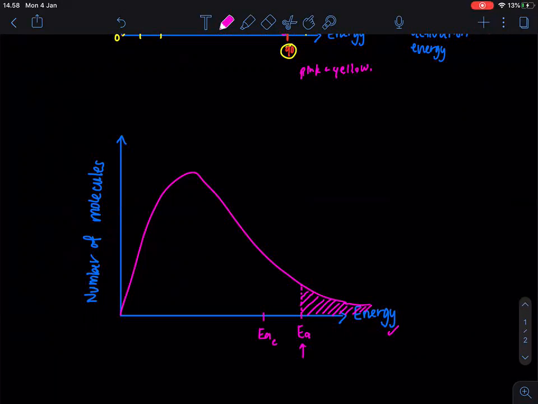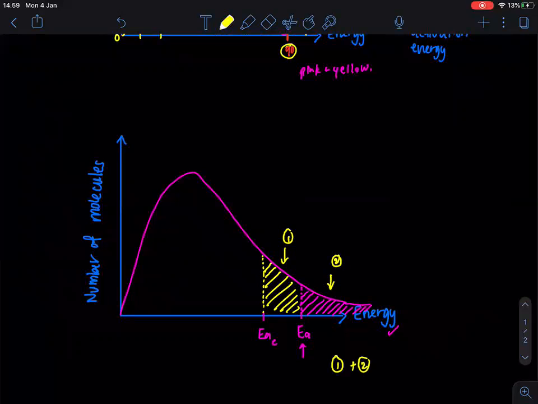And if you look over there, if we look at the proportion of particles having more than that energy, it is going to be this yellow part plus this part. So now you have 1 plus 2.